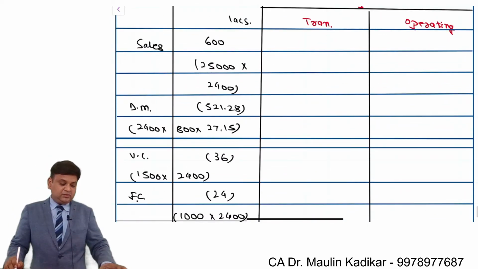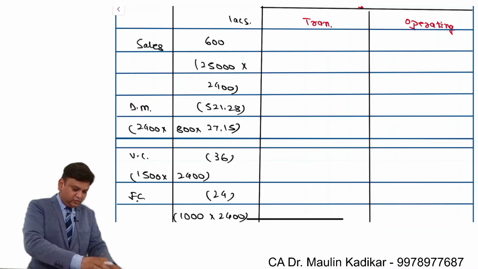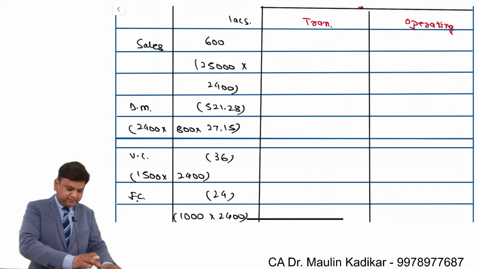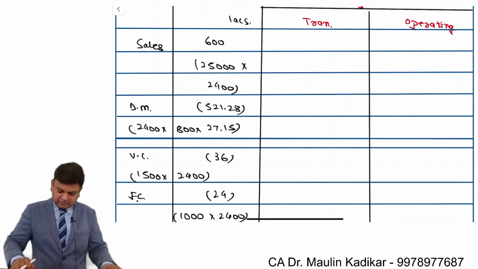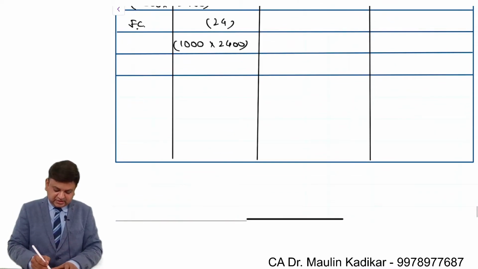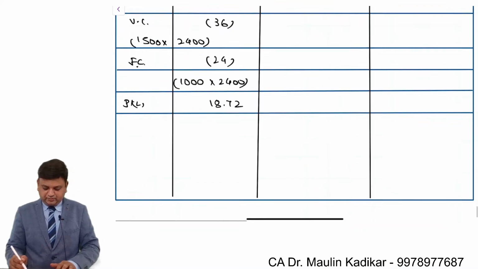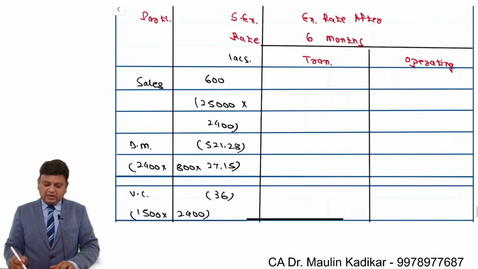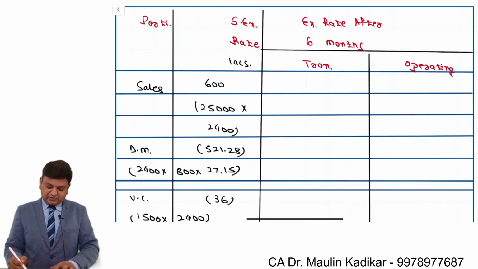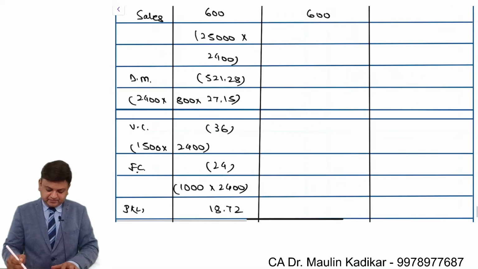So finally now sales 600 minus 521.28 minus 36 minus 24. So the profit or loss using the spot exchange rate is 18 lakh 72,000. Now taking into account the exchange rate after 6 months, this is going to remain same 600 lakhs.